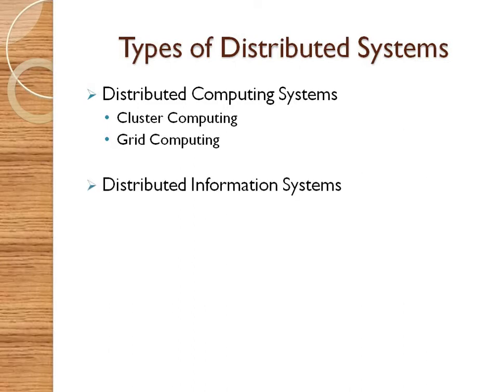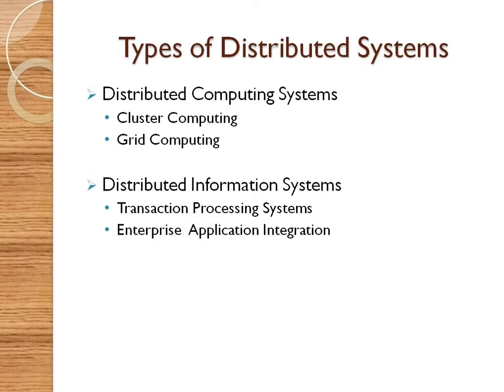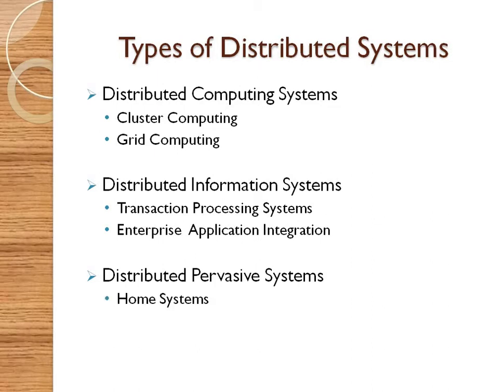The second type of distributed systems is distributed information system, and the two types are transaction processing system and enterprise application integration. The third type is distributed pervasive system, and the examples are home systems, electronic healthcare systems, and sensor networks. We will study all these types and their examples in detail in further slides.